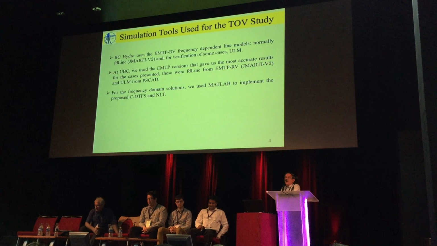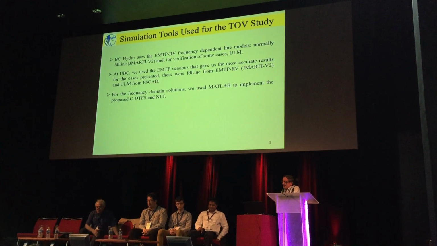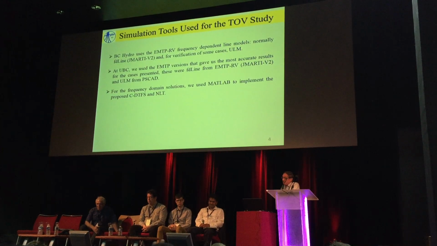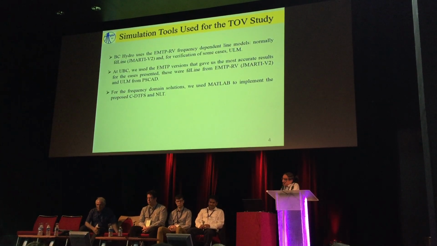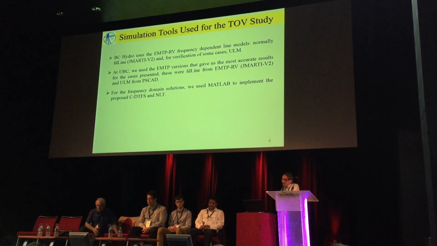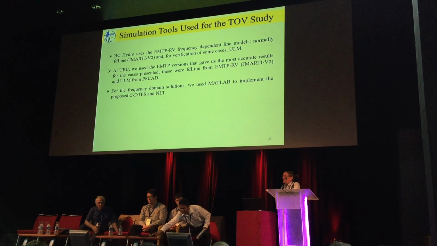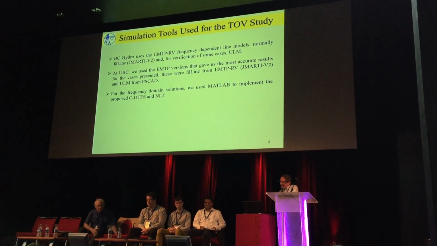In terms of simulation tools, BC Hydro, this group in particular, uses the EMTP-RV. So they use frequency-dependent line models. Normally they use my model, version 2 of it, not version 1, as I was saying on Monday.